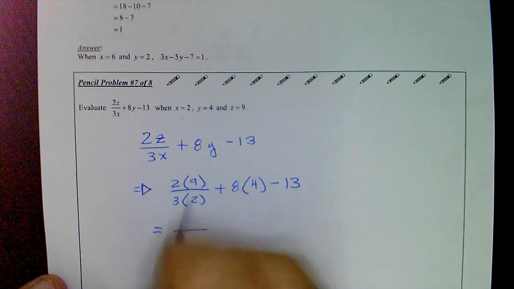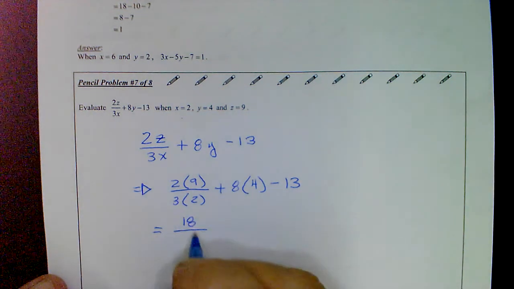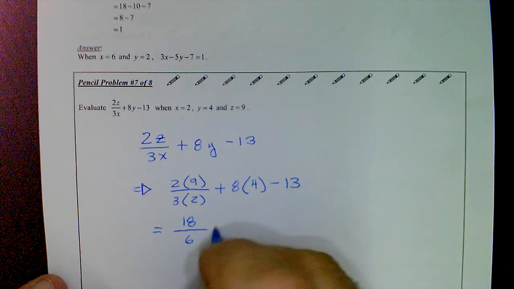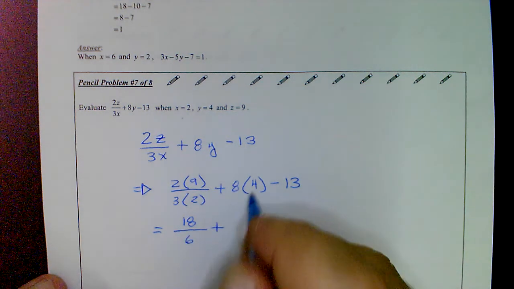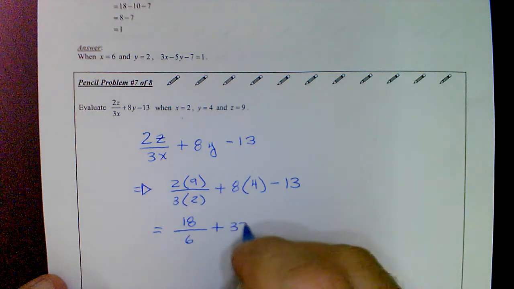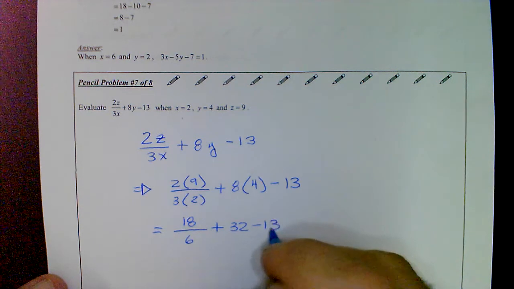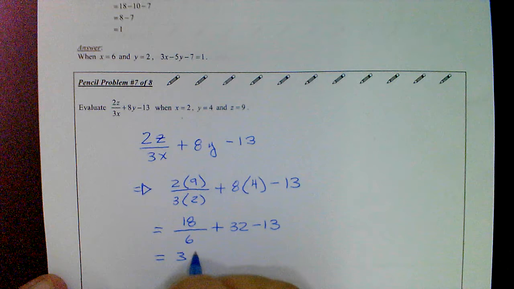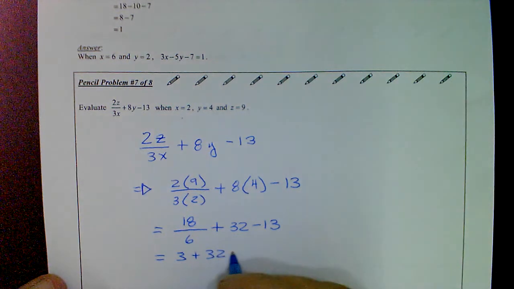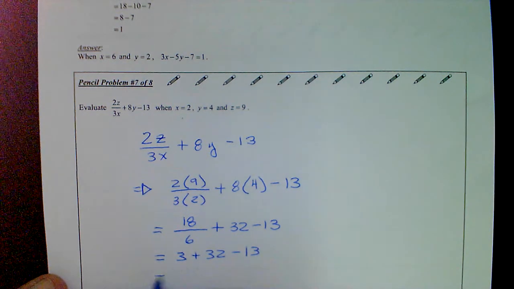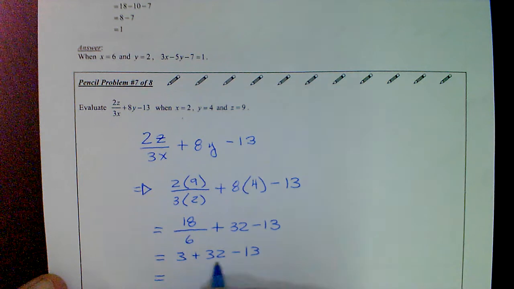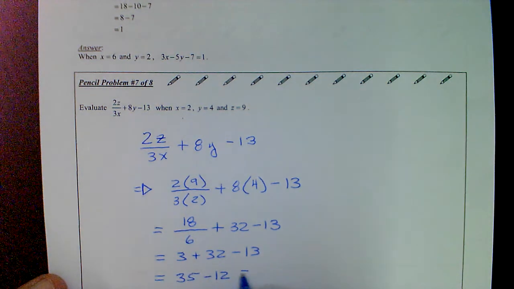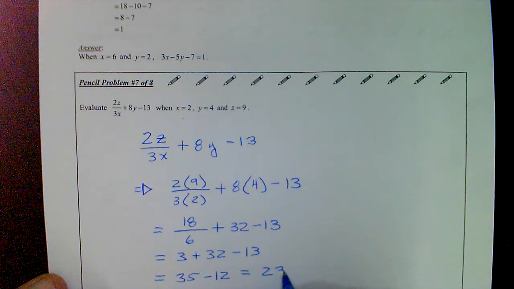Here's a fraction, do numerator and denominator separately. 2 times 9, 18, 3 times 2, 6, plus, I'll multiply 8 times 4 to get 32, tag along the negative 13, 18 divided by 6 works out to be 3, plus 32 minus 13, go from left to right, 3 plus 32, 35, minus 13 is equal to 22.